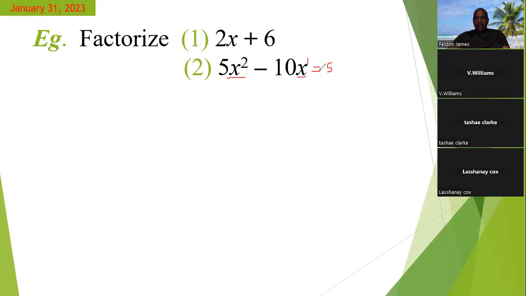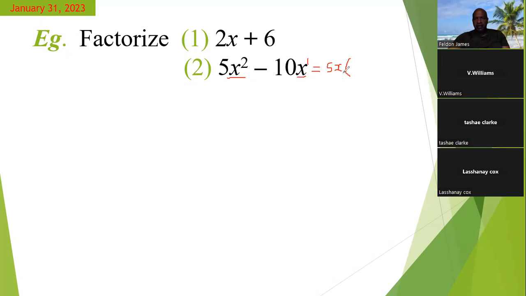So in this case, even though we have an x squared and an x to the power 1, for our common factor we're going to choose the lowest power of x. So we have 5x. Our common factor for this expression would be 5x.